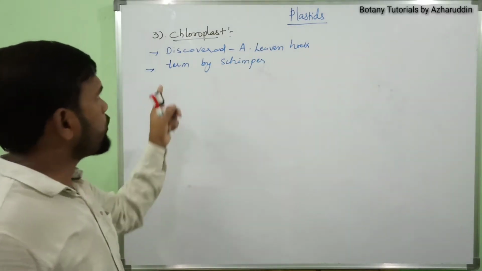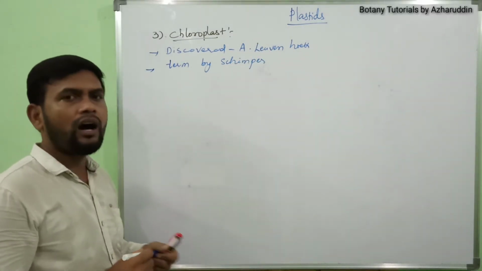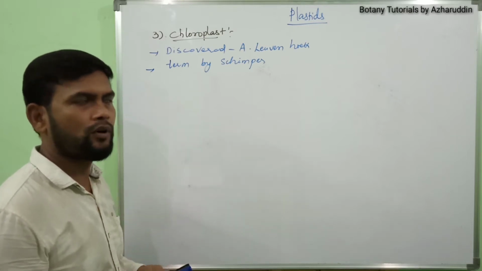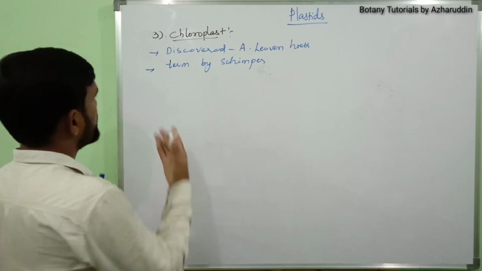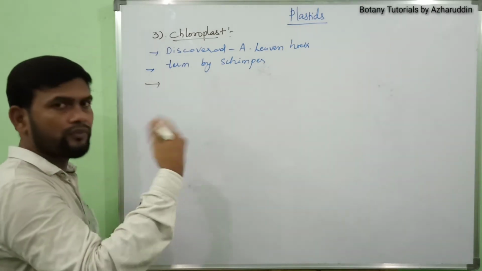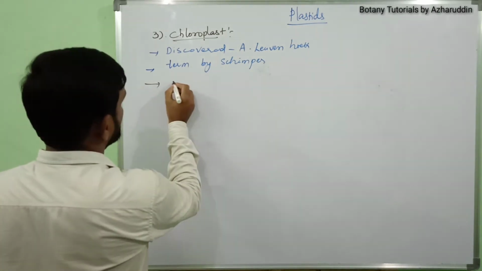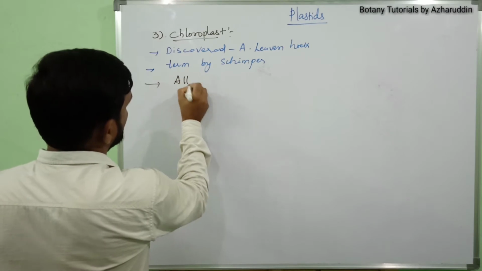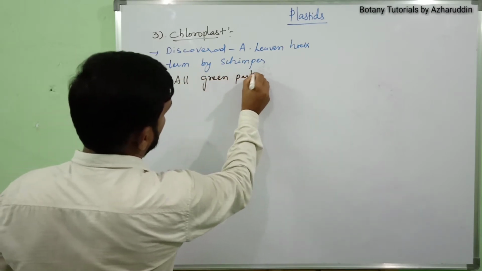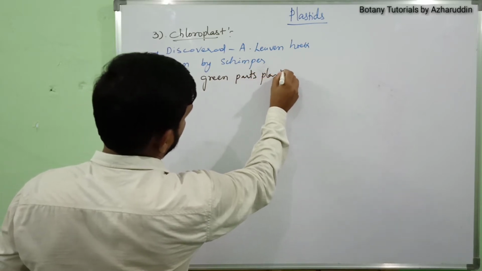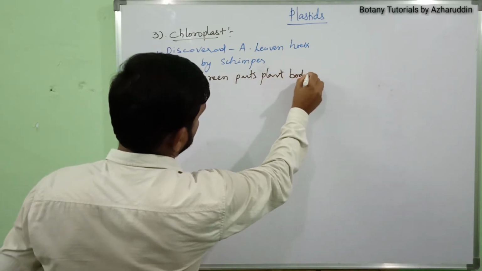Next, these chloroplasts are found in all green parts of the plant body. That means they are exposed to sunlight.